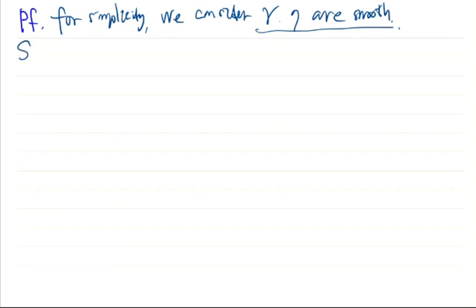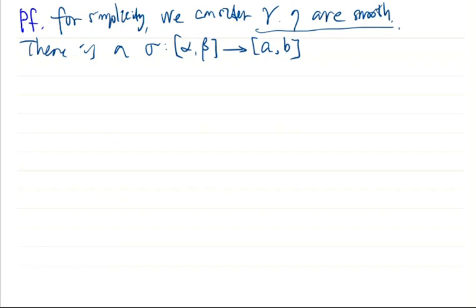Because eta is equivalent to gamma, there is a strictly increasing continuous function sigma from the domain of definition of eta to the domain of definition of gamma, that is [alpha, beta] to [a, b], such that eta is the composition of gamma and sigma.